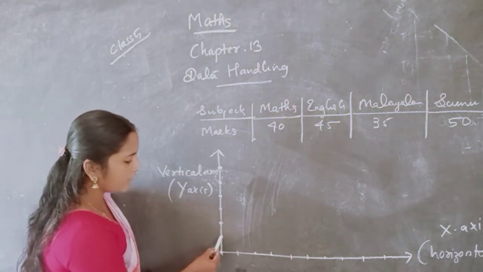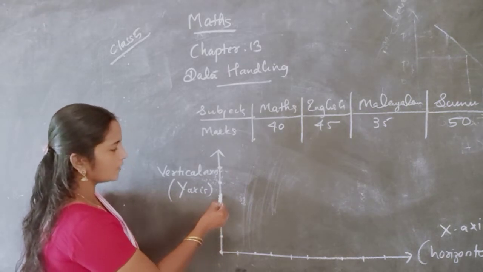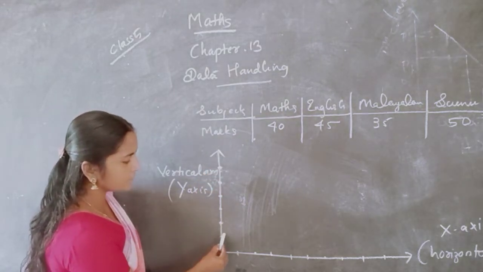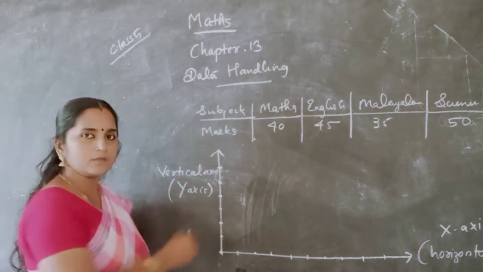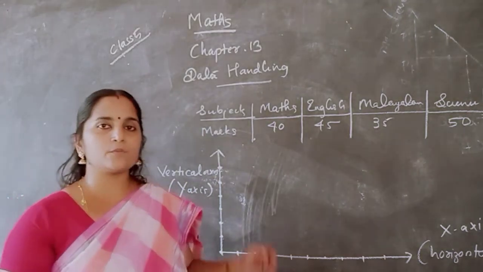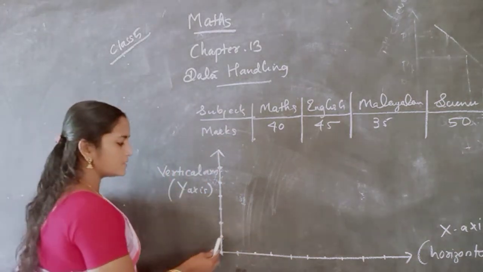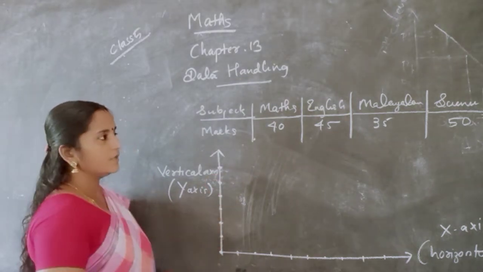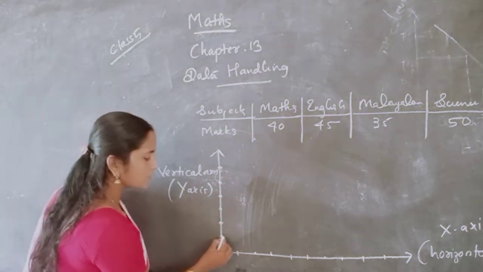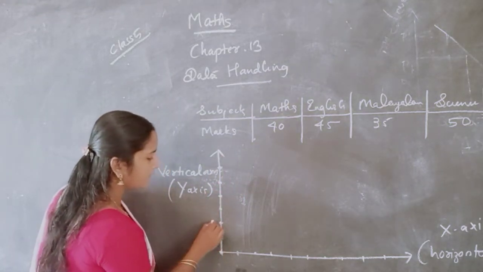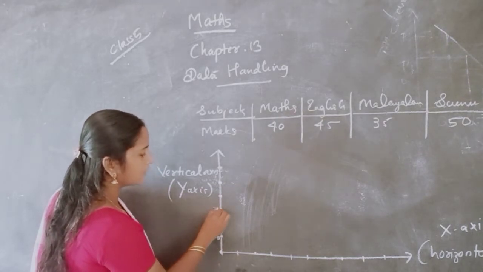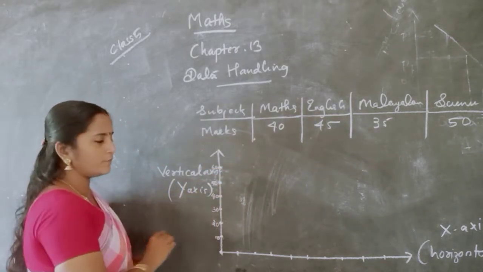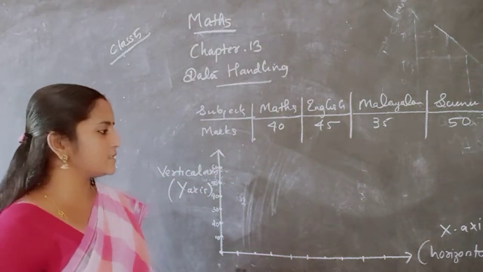You can mark 5, 10, 15, 20, 25, 30, or you can use 10, 20, 30, 40, 50, 60. We need only up to 40, 50, but here I use the scale 10, 20, 30, 40, 50, 60, marking up to 60.